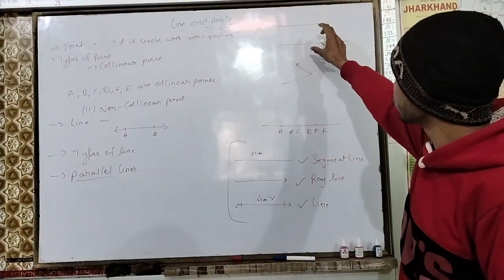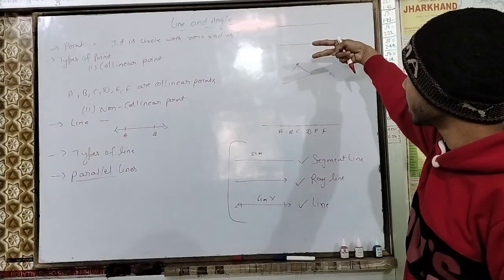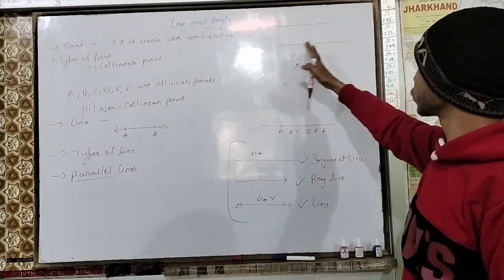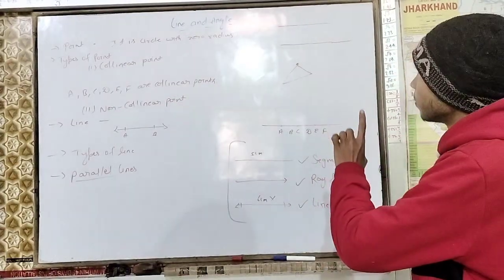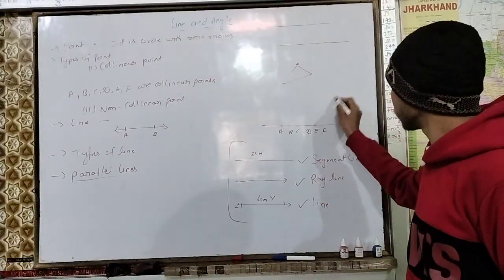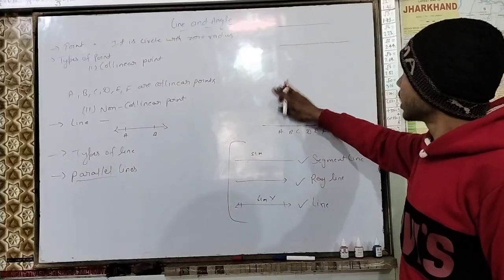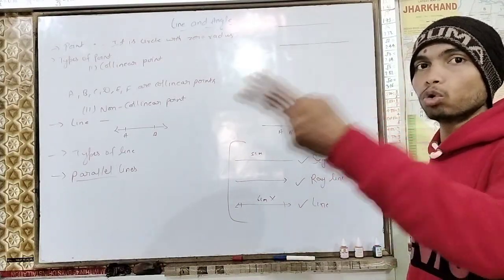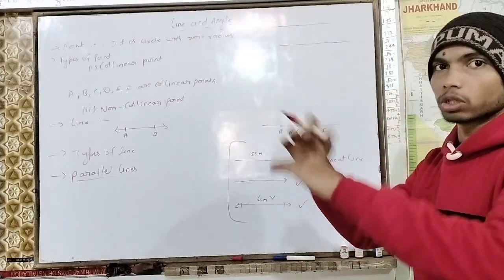You can see this figure where there are 2 points and it is going this side. This second line is going in this direction. Never ever will they meet each other. Whereas we can draw another figure where 2 lines will be meeting each other.